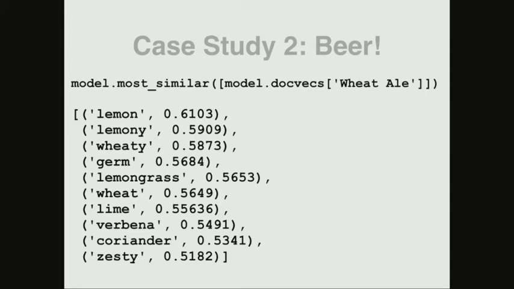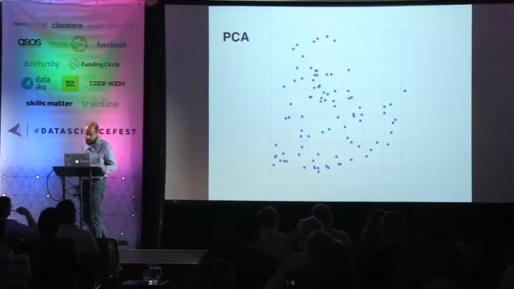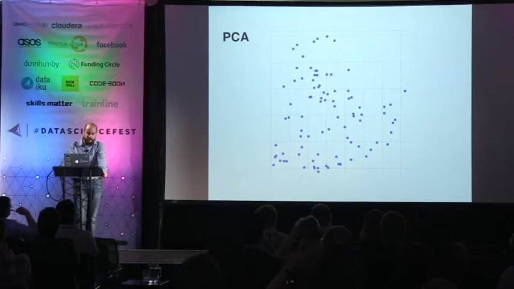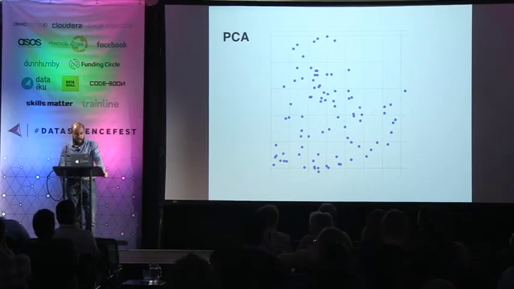Now, given the word vectors and the document vectors, because the vectors have 200-300 dimensions, how do you visualize them? You can do some dimensionality reduction here using principal component analysis, PCA. So take the vectors, throw them into a PCA, and the output is a two-dimensional kind of thing that you can visualize easily.